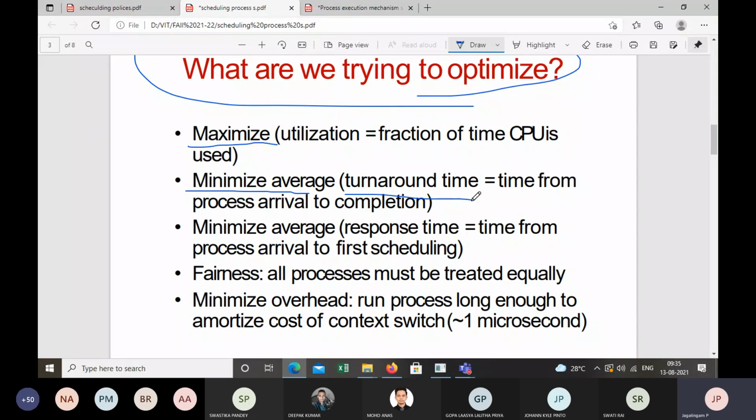The turnaround time is the time from when the process is created and comes into the system to when it completes execution, from the process arrival to the completion.